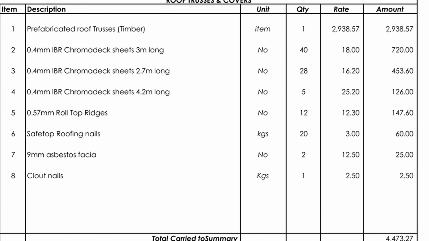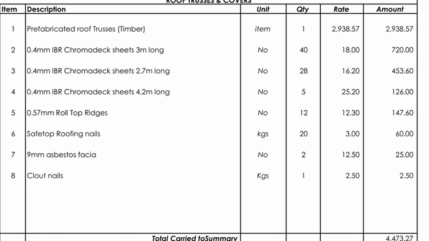And then we will need the ridges, 12 will be needed. The roofing nails, 29 millimeter asbestos fascia, 2 clout nails, 1. So the total of this all is going to be 4,473.27. So that is the amount of money that is going to be put on the roofing of this house.